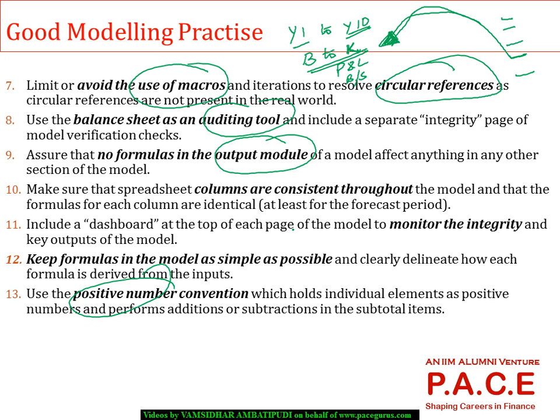These are all nothing to do with your knowledge of the subject. These are more of a practice. These are more of the spreadsheet-related processes to make sure that whatever concepts and knowledge of finance you have, you are translating it into a usable application. All right.